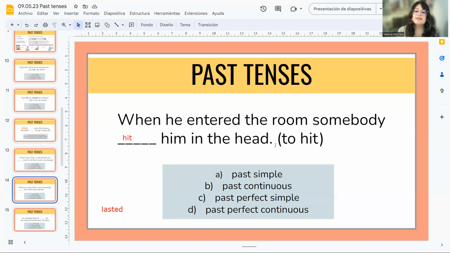The action of hitting somebody is never so long. You hit somebody in just a second. So in that case, I would go also for the past simple. 2 short actions happening one after the other. That's the idea. Questions here?